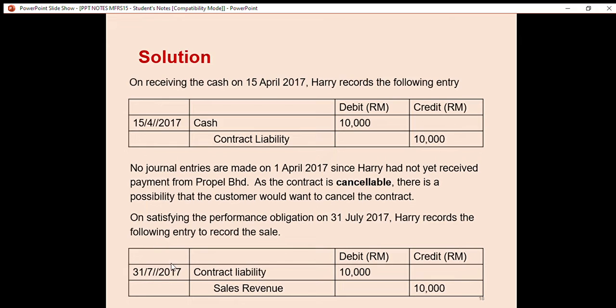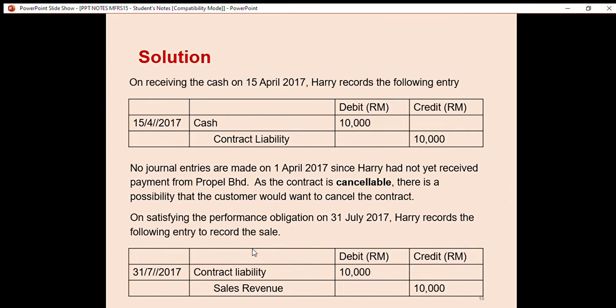On 31st July, it's exactly the same as the previous example. The seller will debit the contract liability 10,000. This is to offset the contract liability recorded on 15 April 2017.